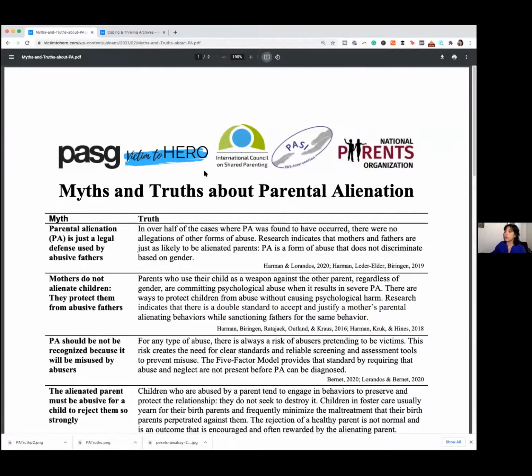And this is why some groups are particularly focusing on this push. Actually, two that we can see in the information sheet, at the top there, you will see the International Council on Shared Parenting and another organization called National Parents Organization.